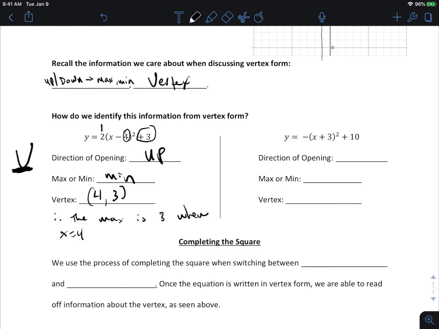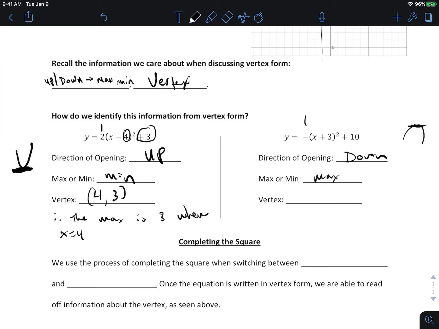Okay. I see a negative out front, which means it's going to open down, right? If a parabola is opening down, that must mean I'm having a maximum, sorry. And then this one, I knew I had to move my parabola opposite.